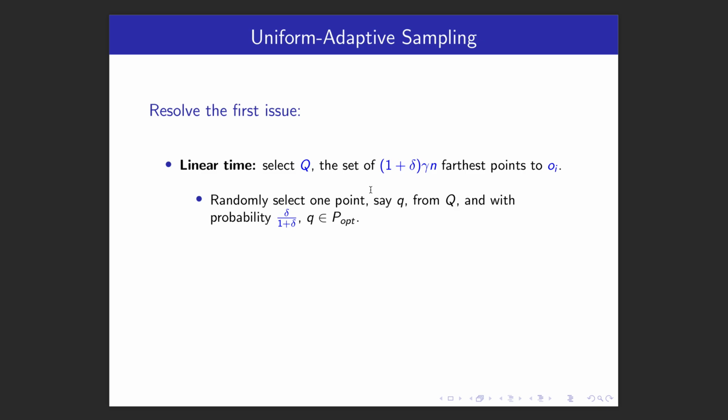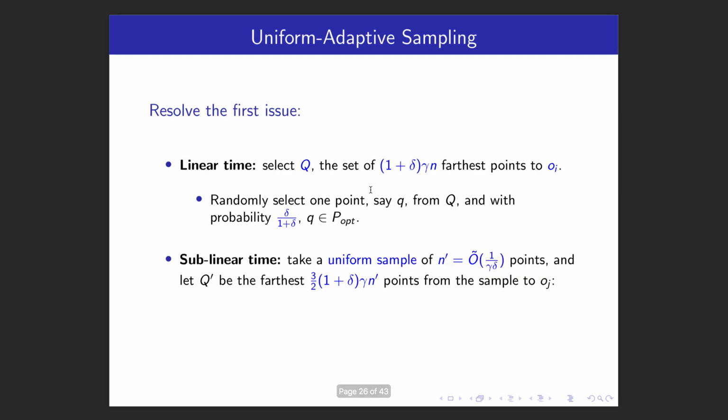So this is a linear time approach. For our sublinear time approach, we first take a uniform sample of n prime points from the input. You can see that the value of n prime is independent of n and d.